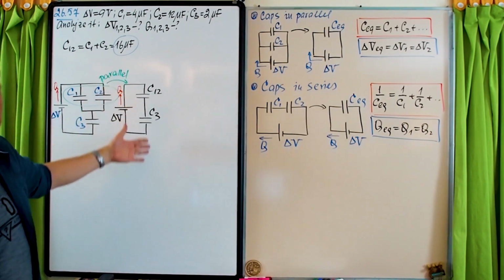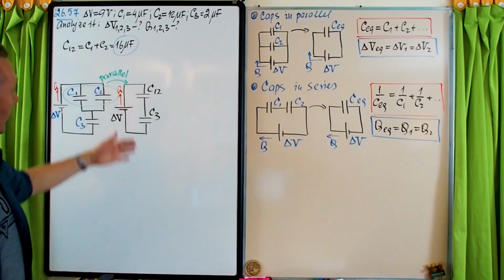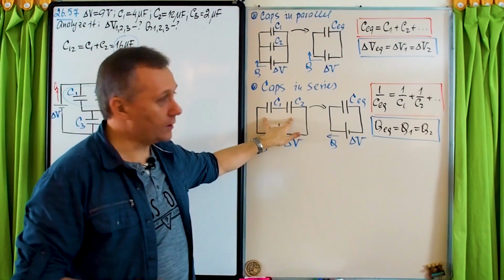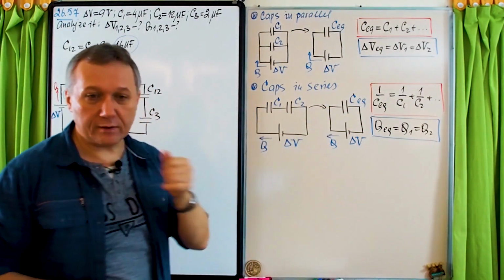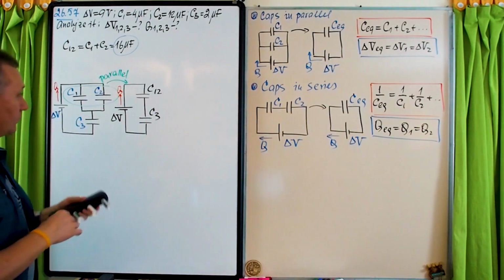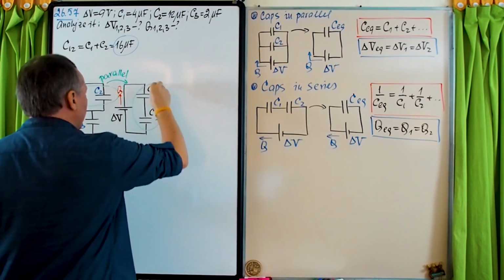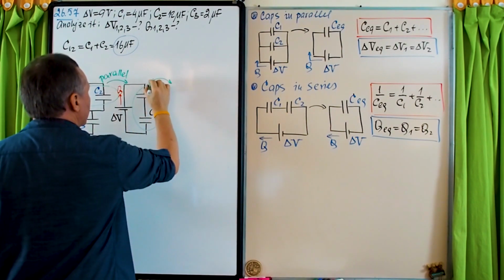But again, it's not the simplest possible, so we have to make one more step. These two capacitors are obviously connected in series. So we can simplify that circuit and find the final equivalent circuit using that formula.